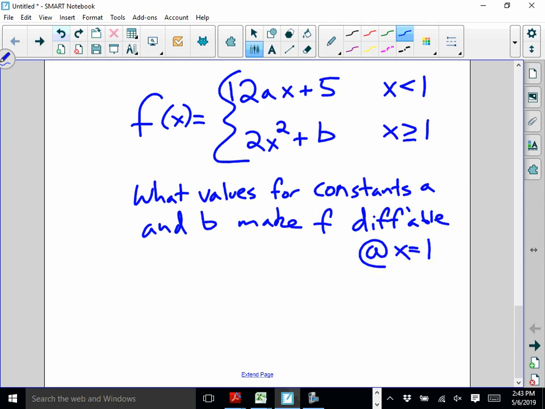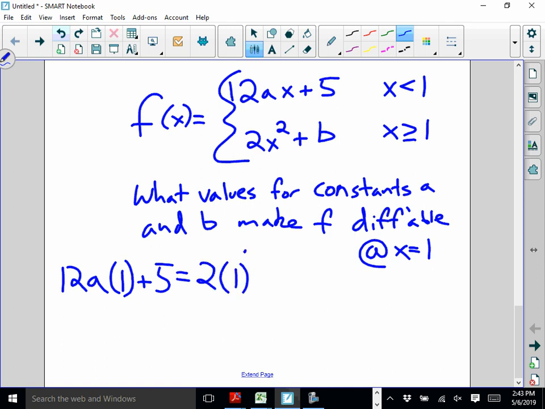If the function is differentiable, that means the function has to be continuous. So the limit as x goes to 1 minus must equal the limit as x goes to 1 plus. So I'm going to say 12a(1) plus 5 must be equal to 2(1) squared plus b.